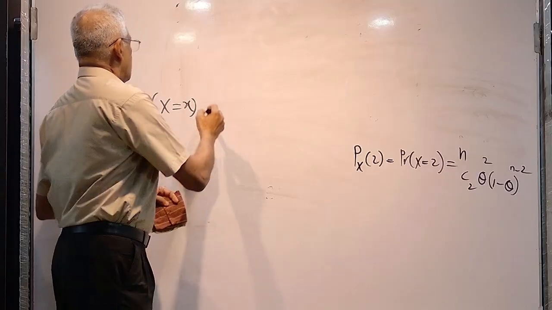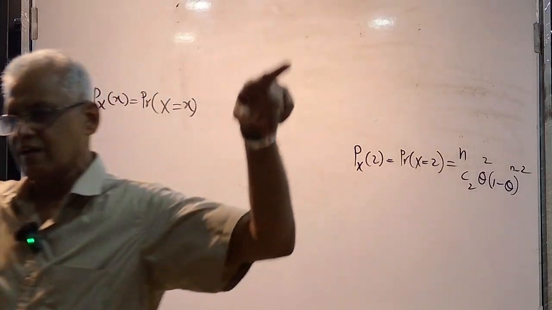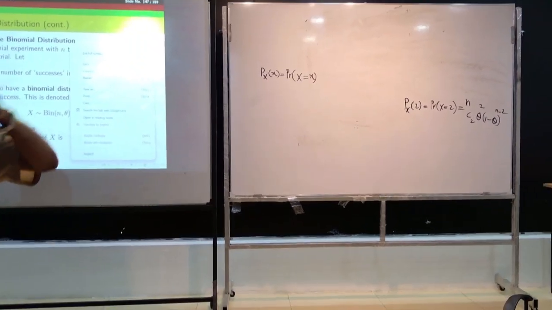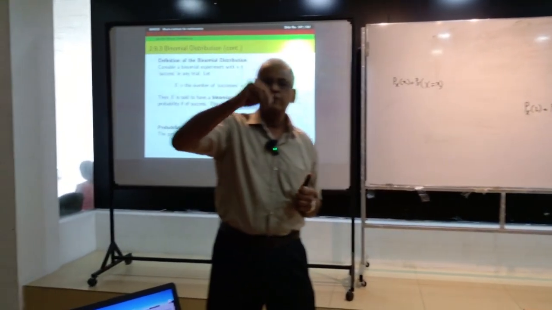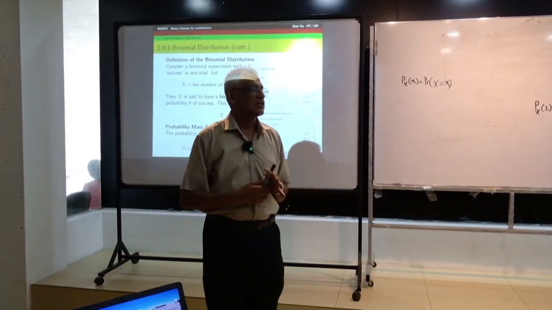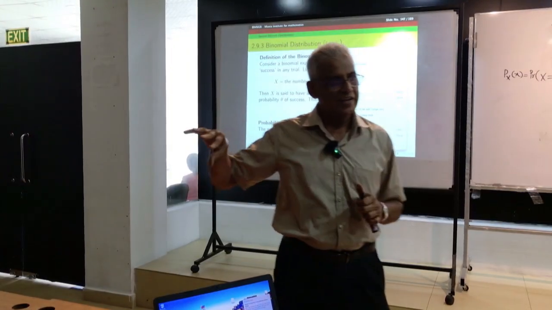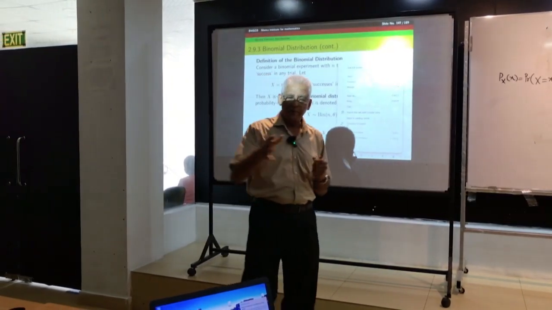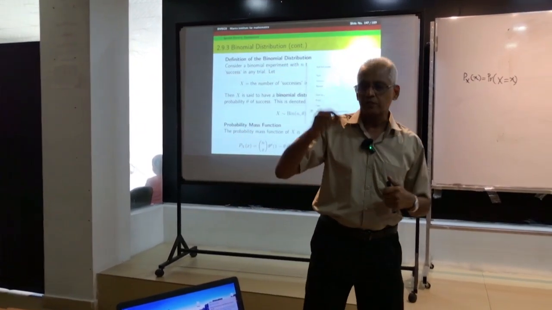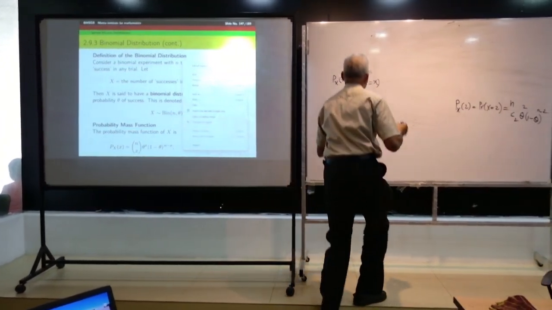In this case, we need x successes out of n trials. It's like filling x boxes out of n boxes with successes, and the other ones are failures. So there are nCx ways of choosing those x boxes to put successes, and the probability of any of those will be theta to the power x times 1 minus theta to the power n minus x.